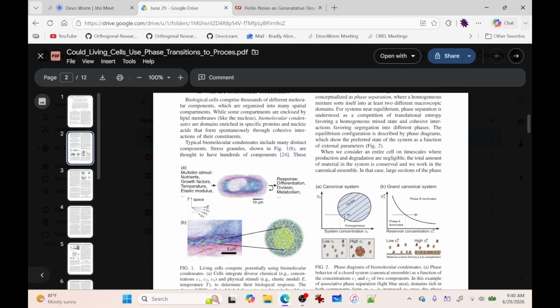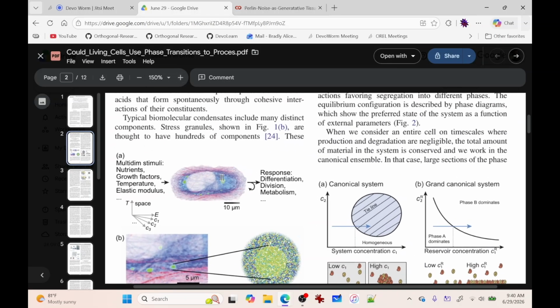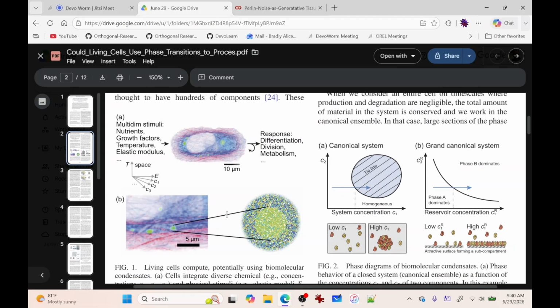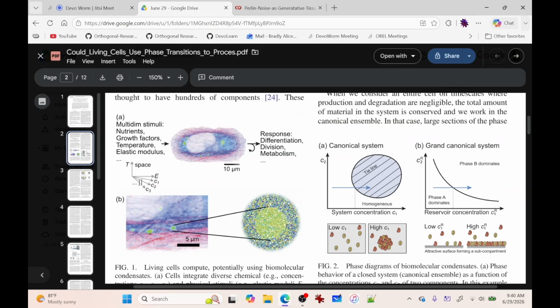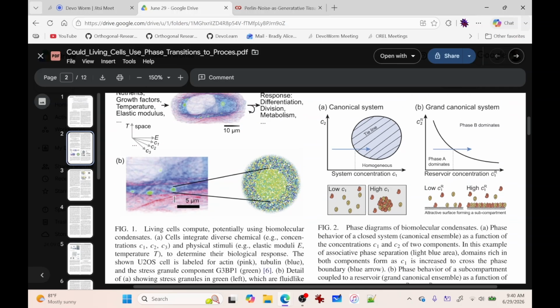I wanted to go through some of the figures, just to do it justice, if nothing else. So this is their model of living cells computing. They're focusing on biomolecular condensates, and condensates are these things here in green. So you have different concentrations of condensates in a cell.